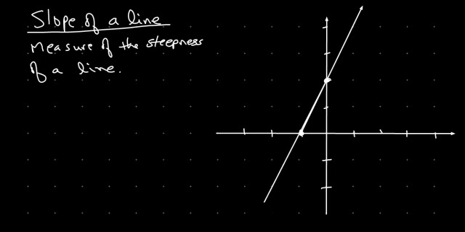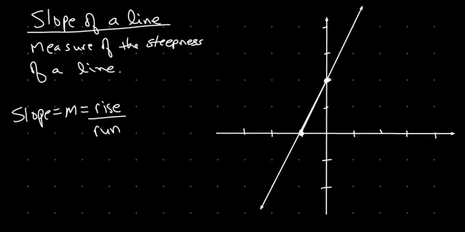And so what we do is we say the slope is m. Slope equals m, which equals the rise over the run.